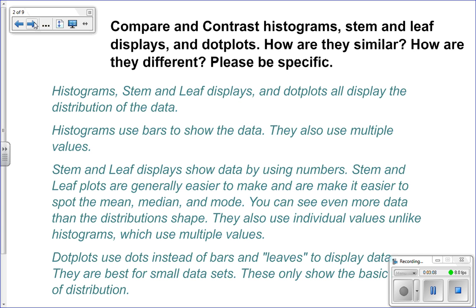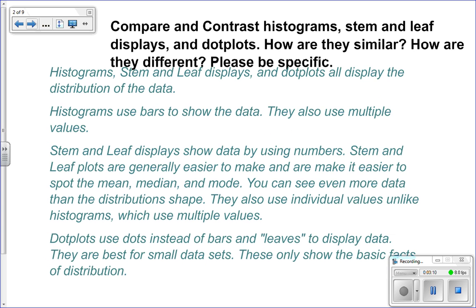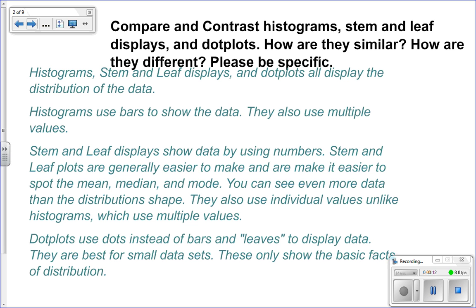The part I picked out was, which I've already talked about, the fact that dot plots use dots instead of bars, and stem and leaf plots use leaves to display the values. They're best used for small data sets. I thought that was really good. These only show the basic facts of distribution. So very good on those answers.